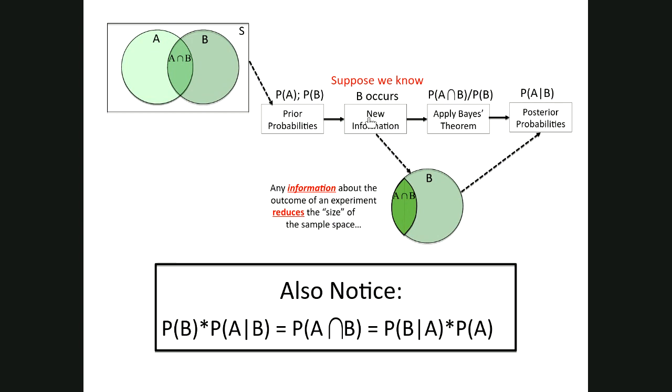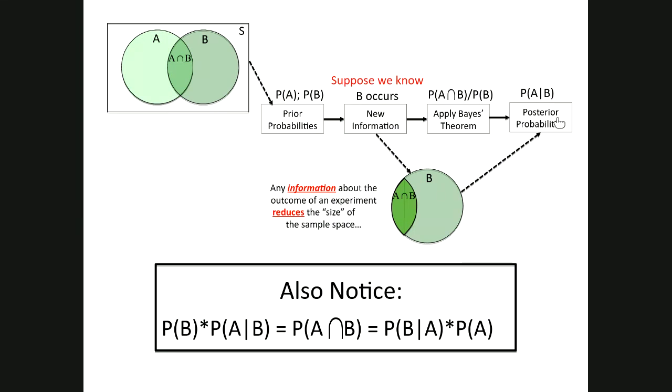When we know B occurs, that reduces our sample space down to just this event B. And event B consists of all of those outcomes, including those that are in the intersection with event A. Once we know this, we can apply Bayes' theorem and compute posterior probabilities.